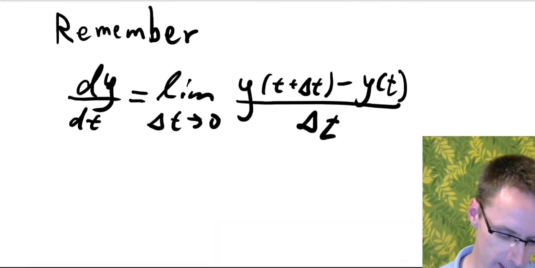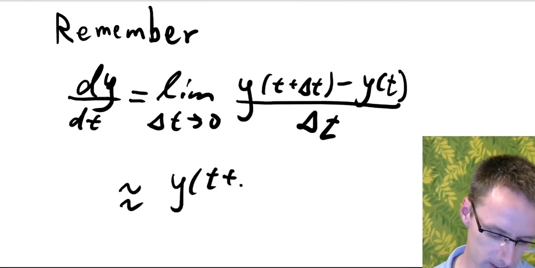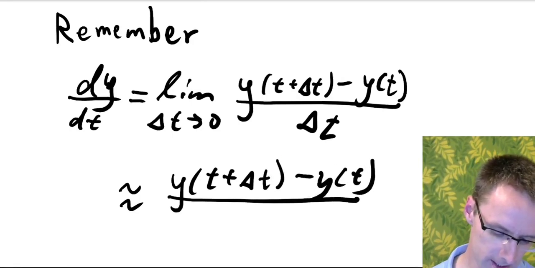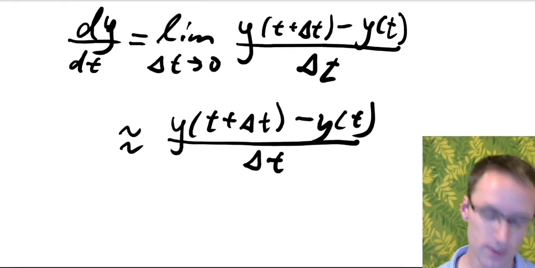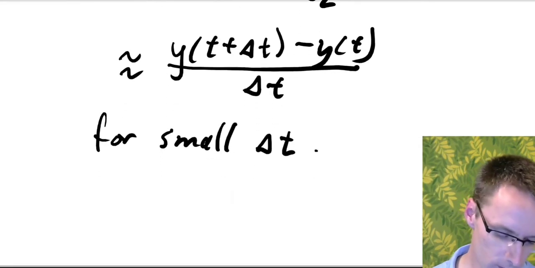So this means that the derivative is approximately equal to y at t plus delta t minus y at t, divided by delta t, for small delta t. Because delta t is going to 0, this approximation will get better and better for small delta t. So what does this mean?